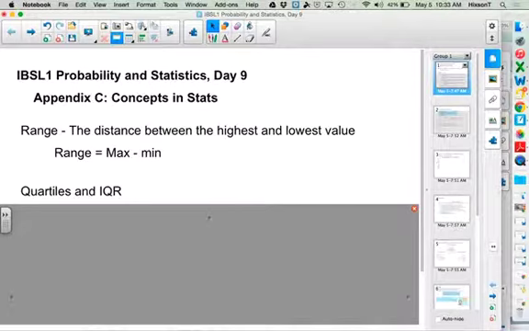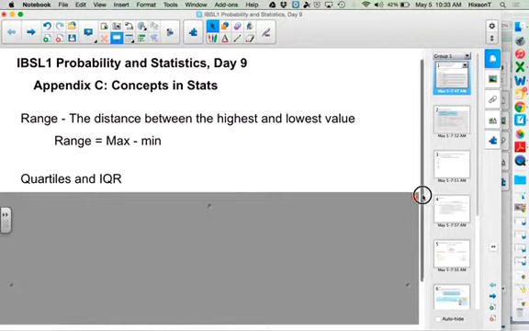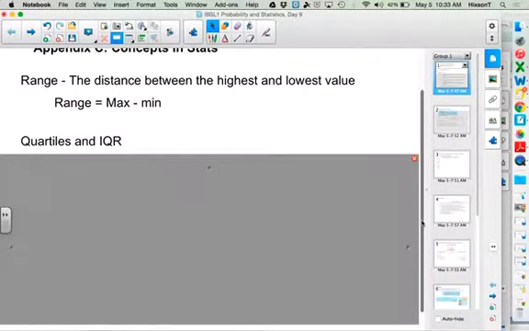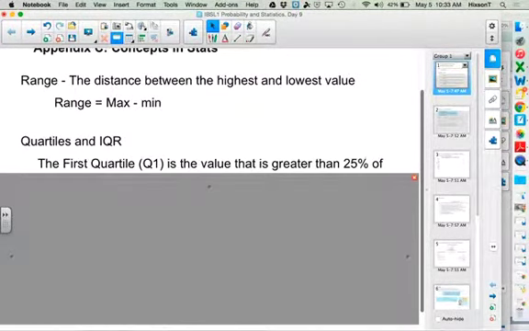And as we saw earlier, for different data, the median can be a better representation. So let's discuss what quartiles are and then what the IQR is.